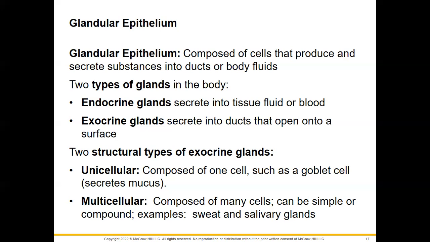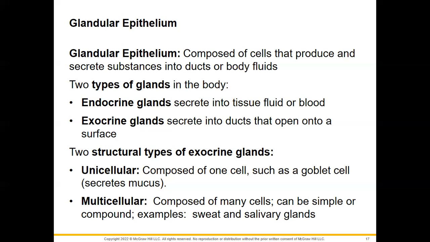There are two types of exocrine glands structurally. They're either unicellular or multicellular. Unicellular meaning one cell. So the whole gland is composed of one cell. We've already talked about this type of cell when we talked about goblet cells.